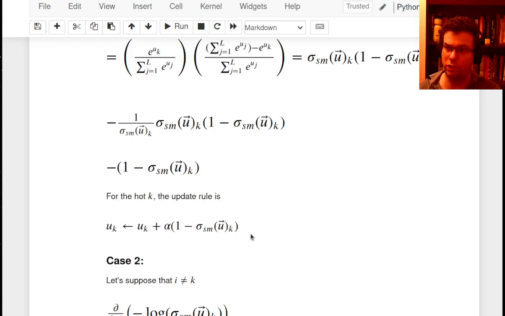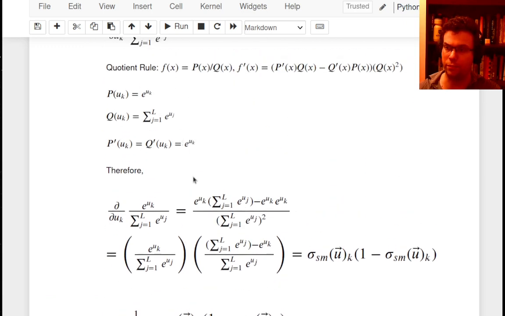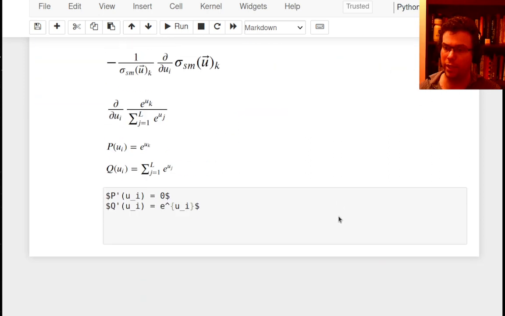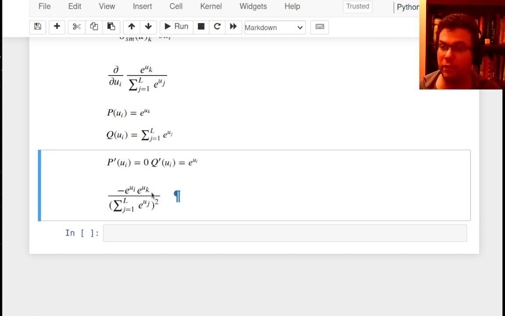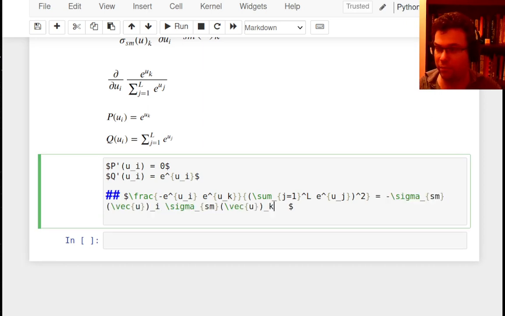So if I plug and chug with my chain rule or my quotient rule again, let's see what I get. All right, so what we get here is actually quite nice. We have negative e to the ui times e to the uk over the quantity of all of these squared. And what this actually simplifies into is the softmax evaluated at i times the softmax evaluated at k with a negative sign in front.